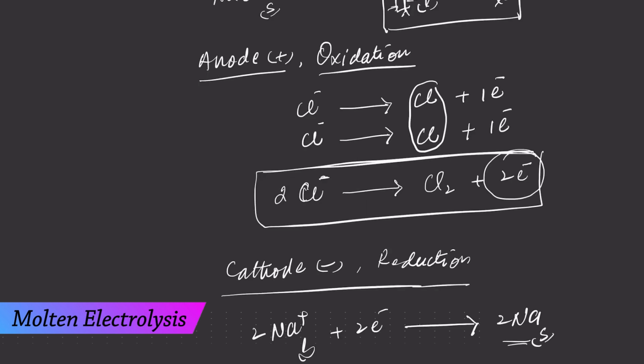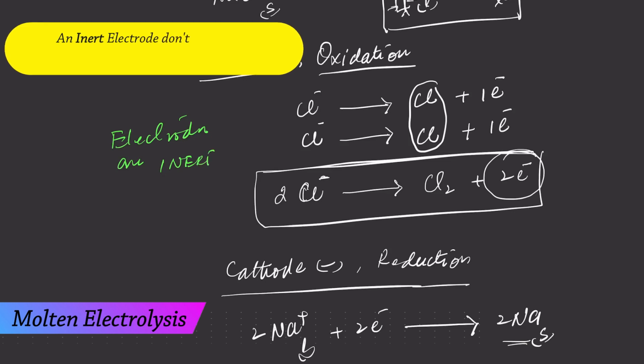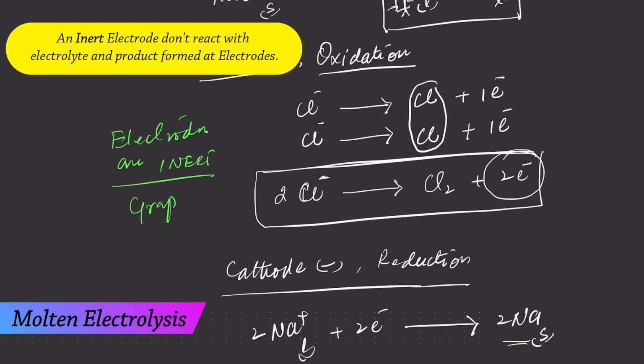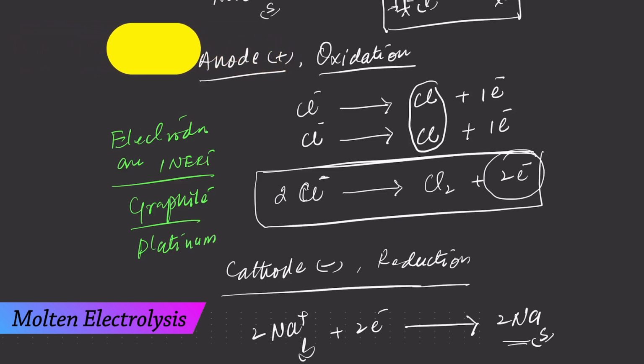In this whole procedure, the electrodes are inert electrodes. Usually we use graphite or platinum as an inert electrode.